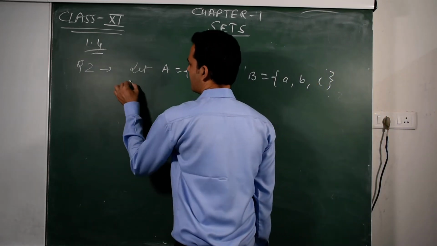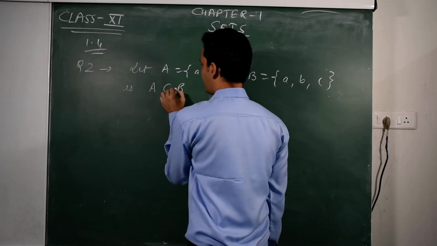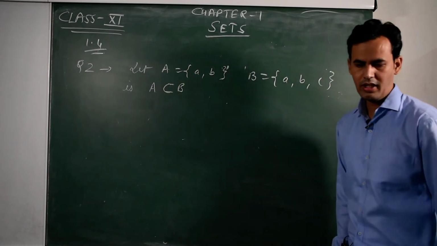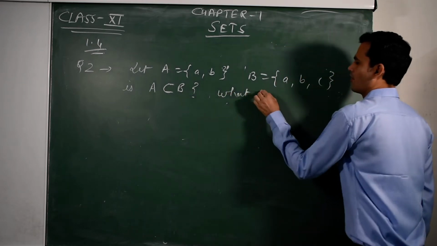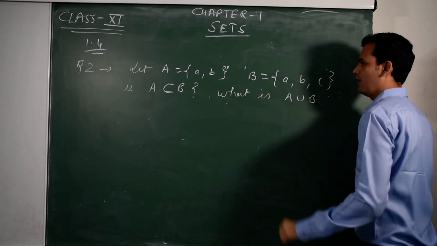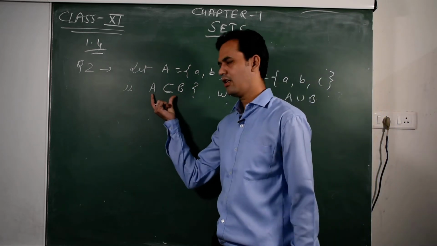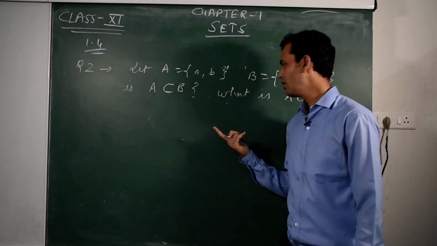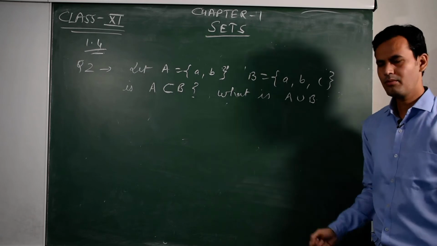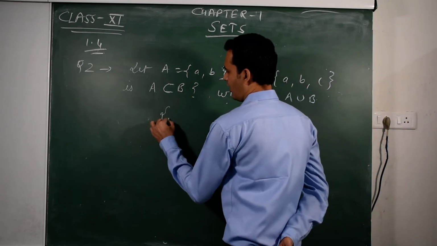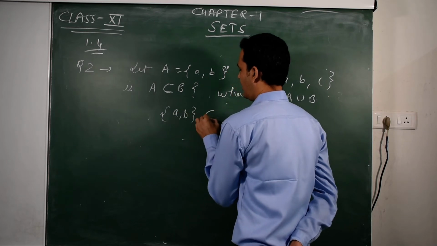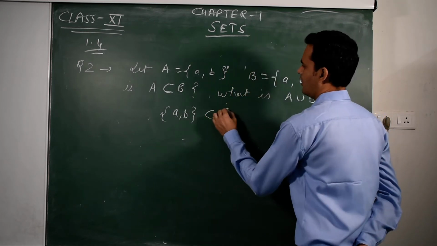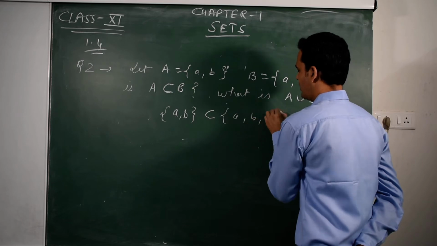Is A a subset of B? This is the sign of subset. A is a subset of B, and what is A union B? So, we have to find whether A is a subset of B or not, and then what is A union B. First, A is the set having elements a, b, and B is the set having elements a, b and c.